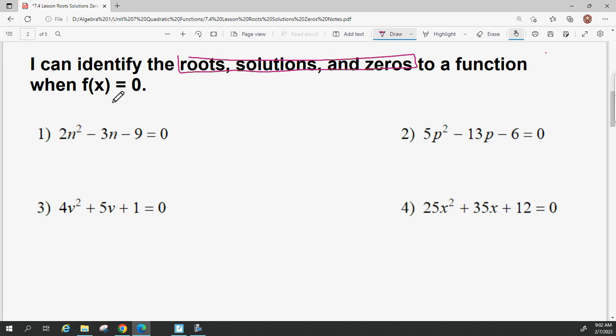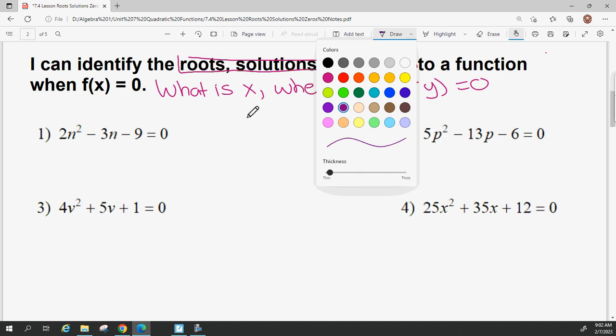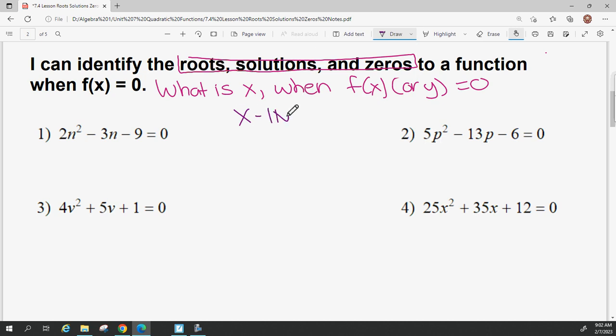We're looking for what does x equal. So like what is x when f of x, or y, we used to refer to it as y, equals 0. So the place where y is going to equal 0 is going to be the place where our x-intercepts are.